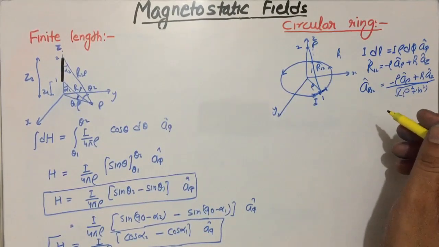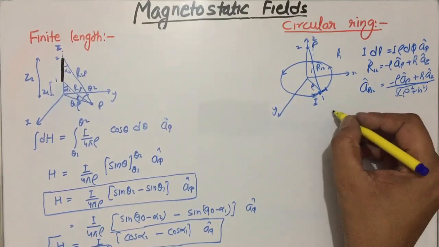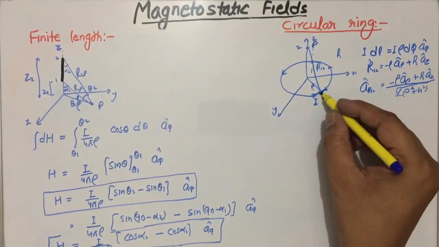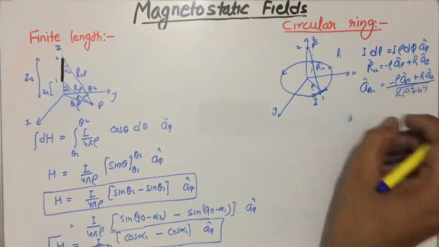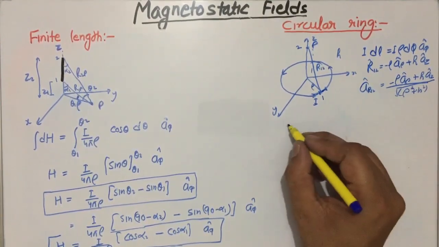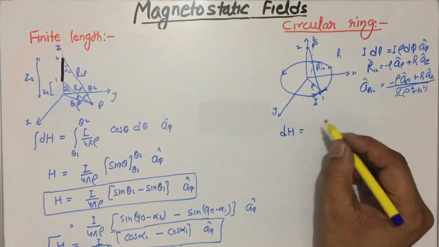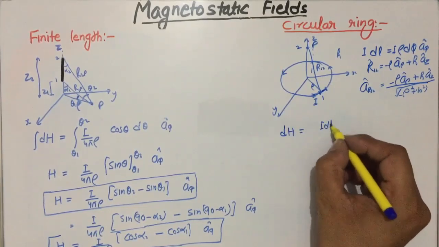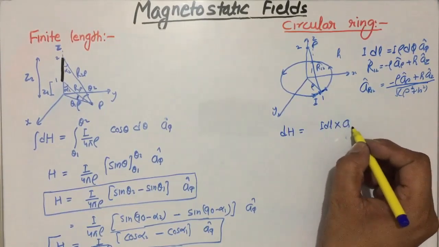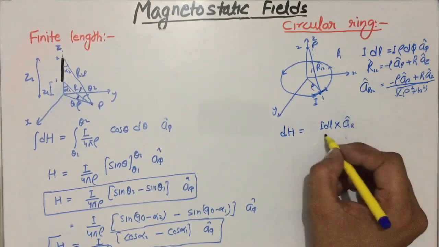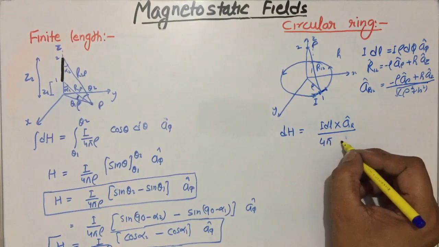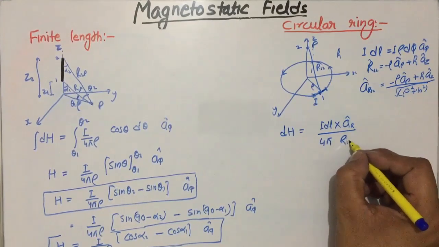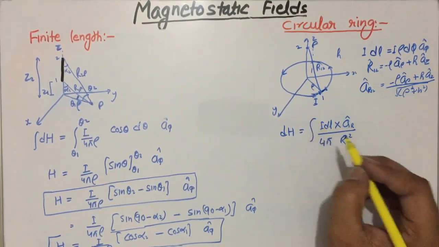From the previous study we know that from this element at this point, dH can be written as IDL cross aR divided by 4 pi R12 square.